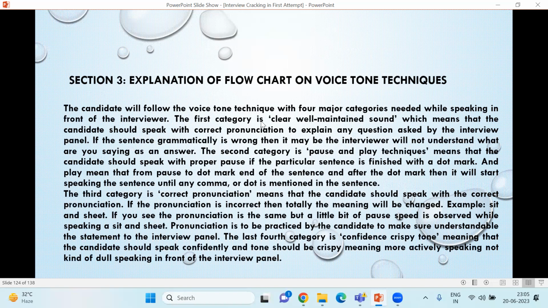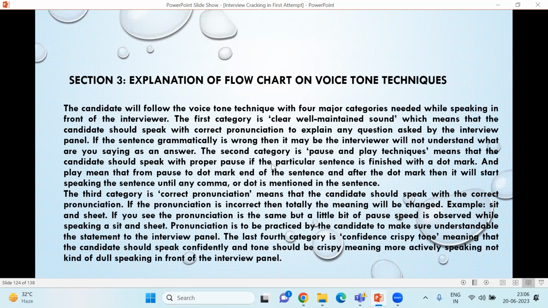The first category is clear, well-maintained sound, which means the candidate should speak with correct pronunciation to explain any questions asked by the interview panel. If the sentence is grammatically wrong, the interviewer may not understand what you are saying as an answer.